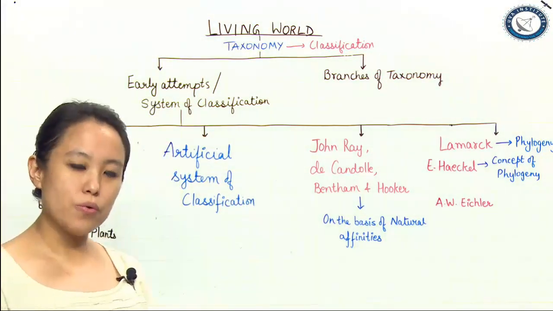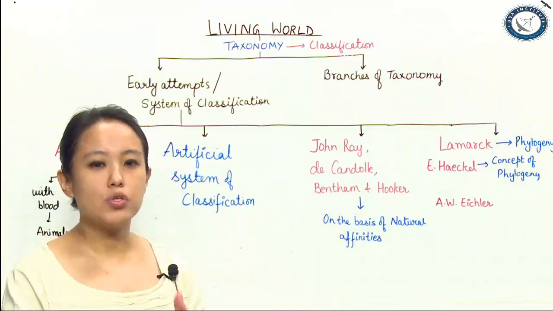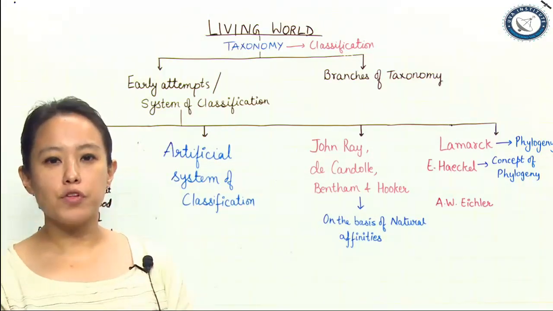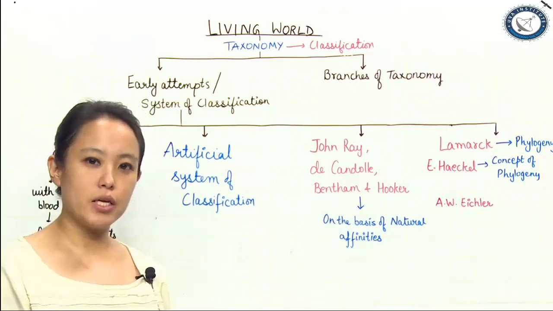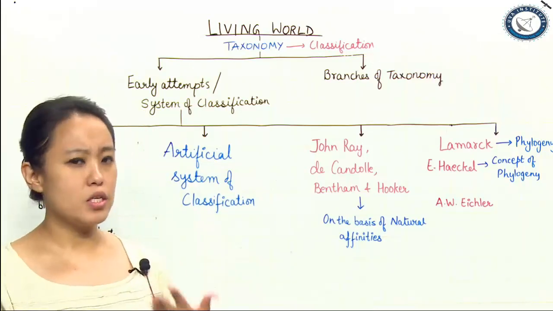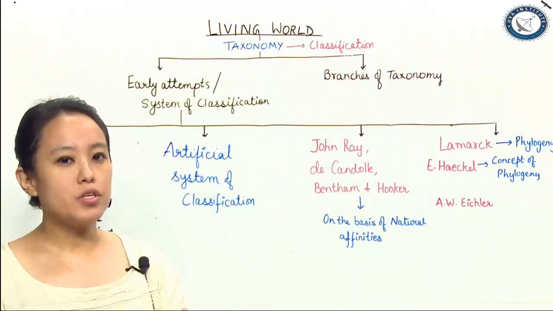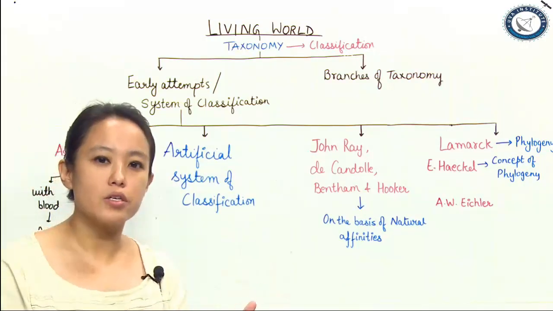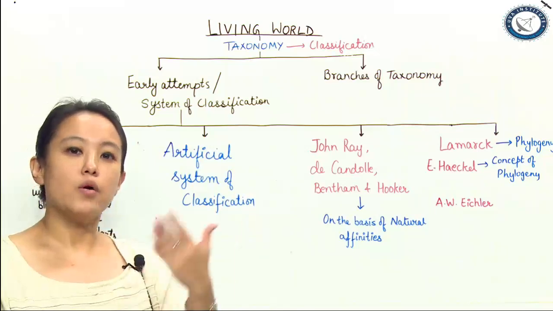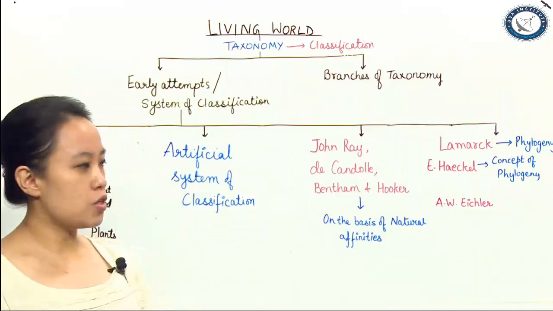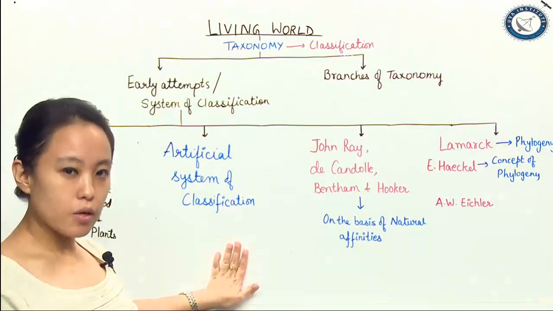What you need to know when you are doing taxonomy is the name of the person who identified that thing, any botanist, any zoologist, and what system of classification. If a question comes up that shrubs, herbs and undertrees were given under which system of classification, you should know the answer.